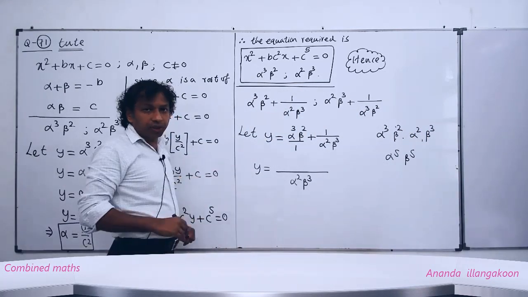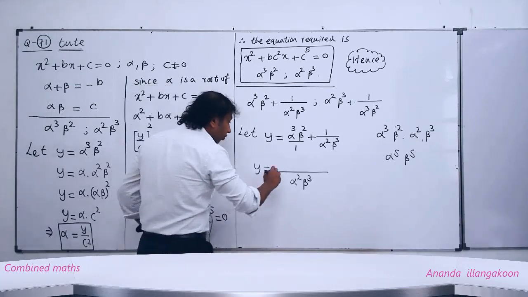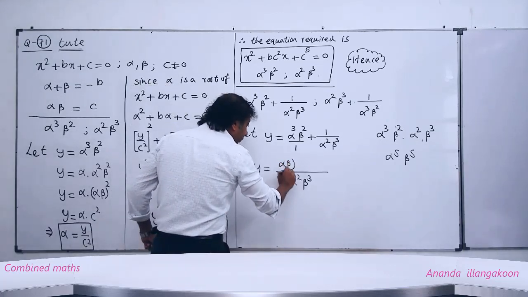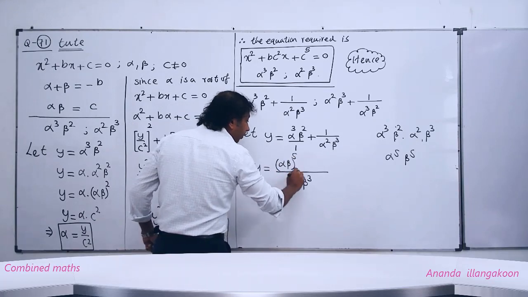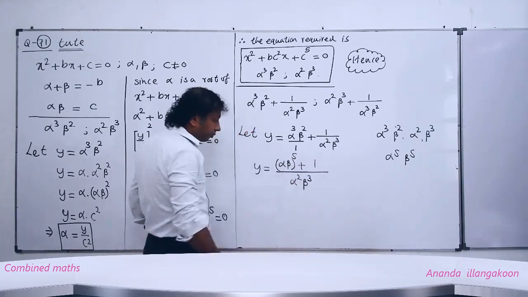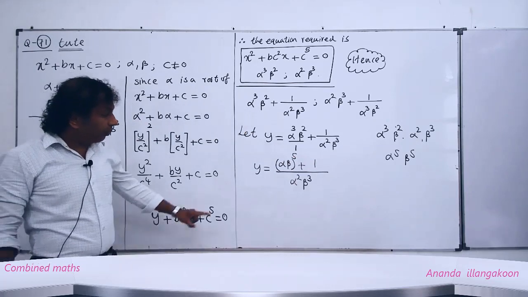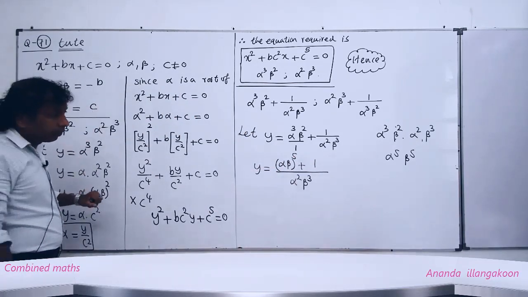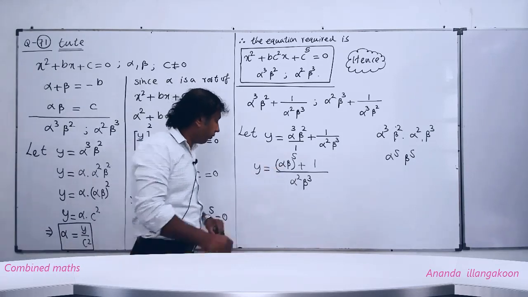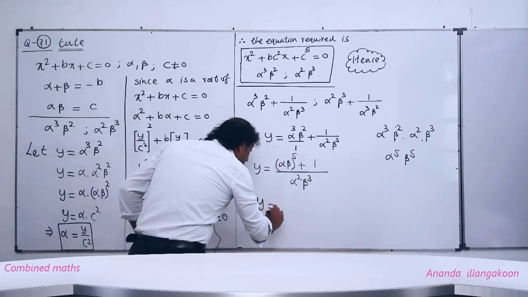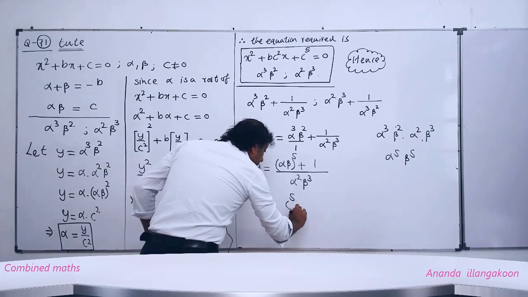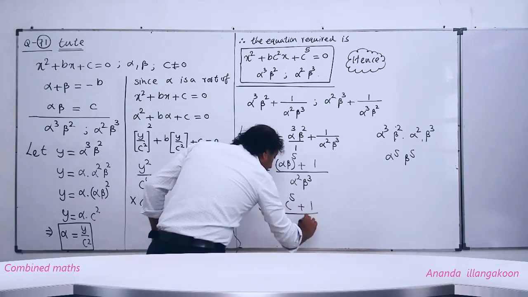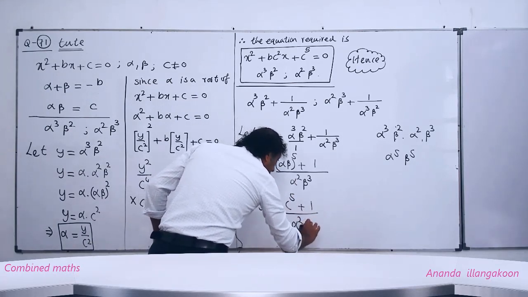Alpha 5 into beta 5 means alpha beta to the power 5, plus 1. Now, people, what is the alpha beta product? Alpha beta is this c. So here we get c to the power 5, divided by alpha squared beta cube.